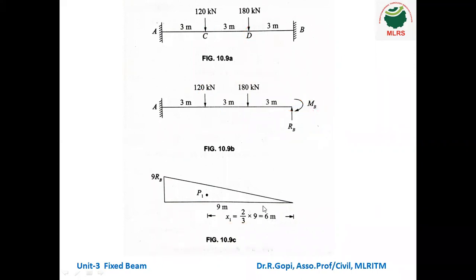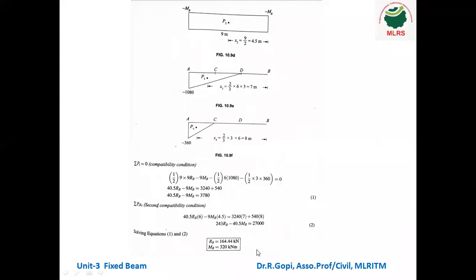So this is the first diagram. Second diagram we have to draw for the moment, the third diagram we have to draw for 120 kilonewton, and the fourth diagram we have to draw for 180 kilonewton. Okay, so you can see here. So the second diagram is the bending moment diagram for MB.